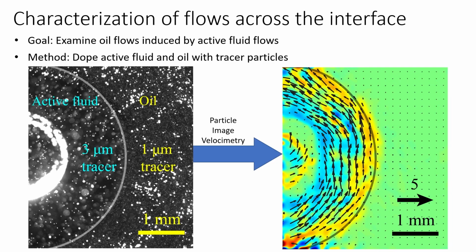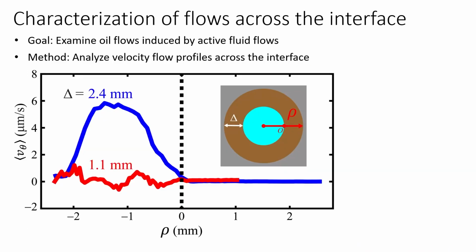Our plot showed that active fluid developed a circulatory flow, but in oil, there was no net flow. To confirm this finding, we plotted time-averaged azimuthal velocity across the droplet, interface, and oil.